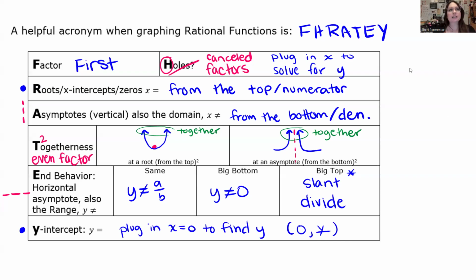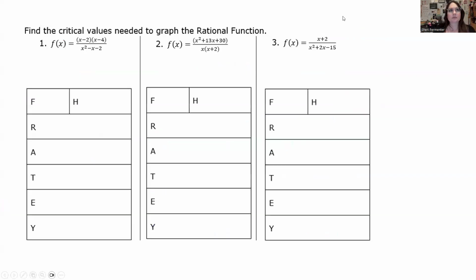Now we're going to actually find some stuff. The first problem, I cannot solve it or find any of these things until I have factored the denominator. So I'm going to factor the denominator and leave the numerator the same. I've got to figure out two numbers that multiply to give me 2 and that add or subtract to make 1.